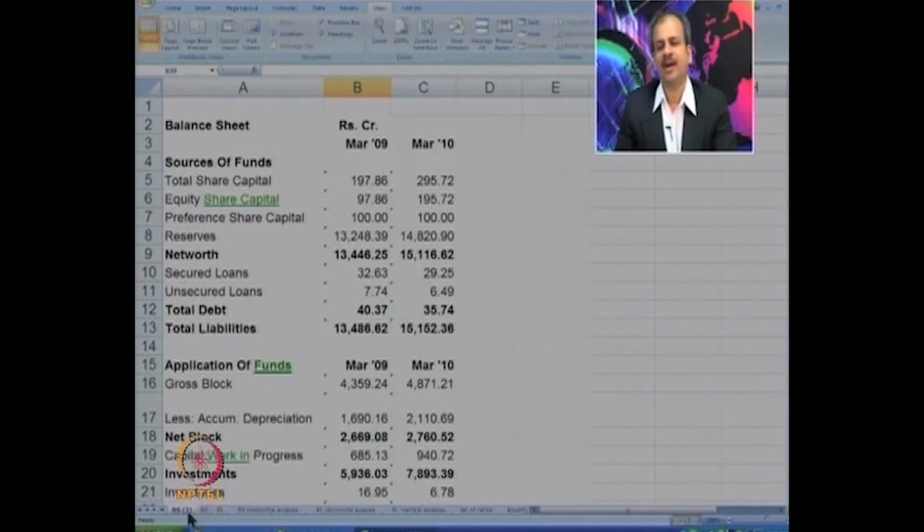Yeah, so how to go ahead? For the balance sheet, for horizontal analysis we compare the balance sheets of two years and make a comparative balance sheet. So, we will start with that.